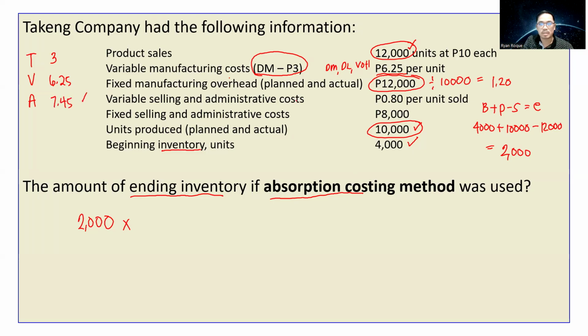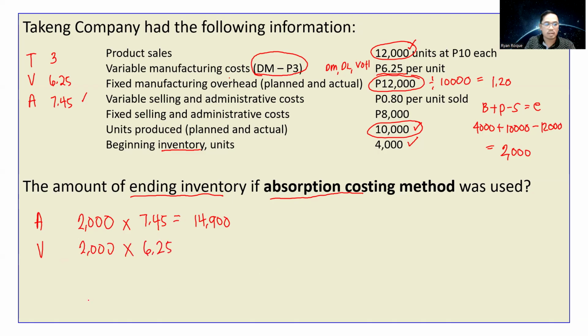So the answer is 7.45. So if we are now asked for the amount of ending inventory under absorption costing method, simply multiply it with 7.45. So the answer is 14,900. That's under absorption. But if we are asked under the variable costing method, 2,000 times the 6.25.